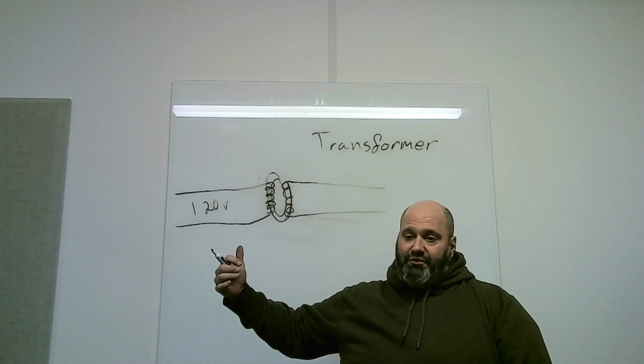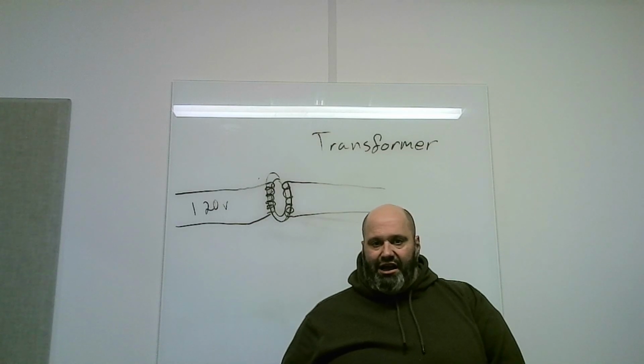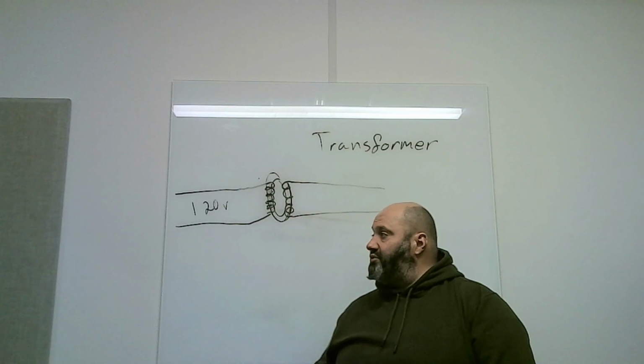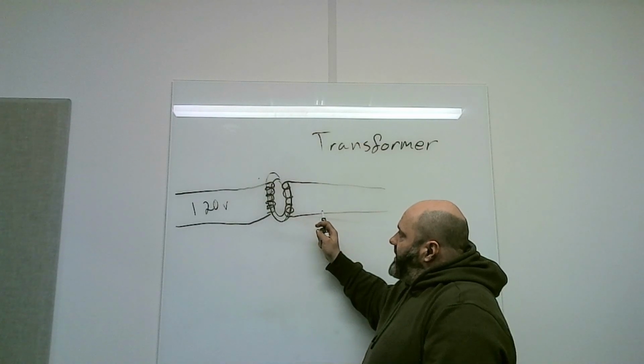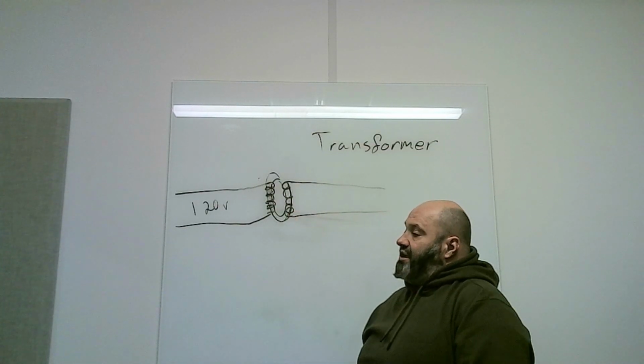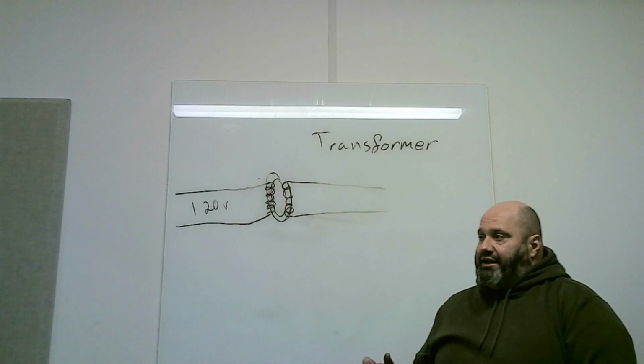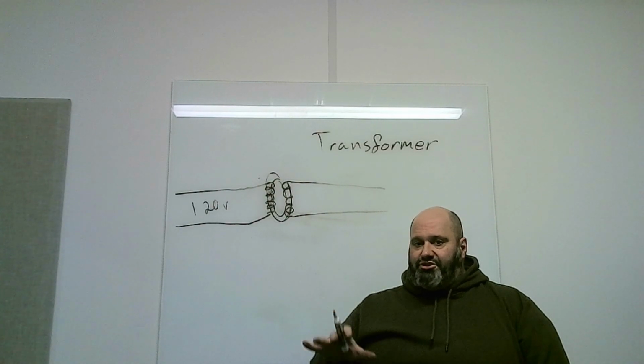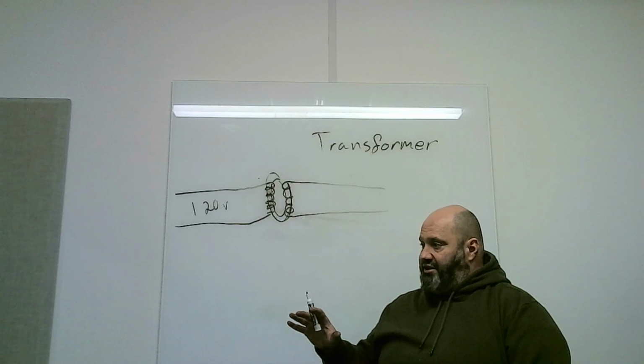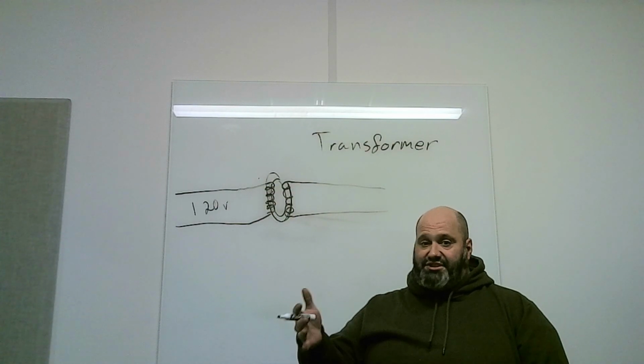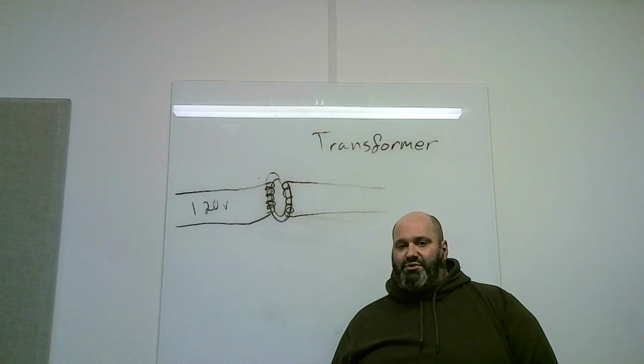Now, how do you get 24 volts? Because nothing in your breaker box is putting out 24 volts. Well, the voltage is produced through your transformer. It allows us to use a lower voltage current in things such as your thermostat and other controls and switches.